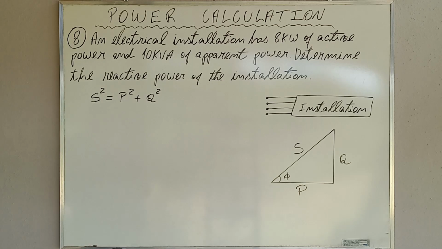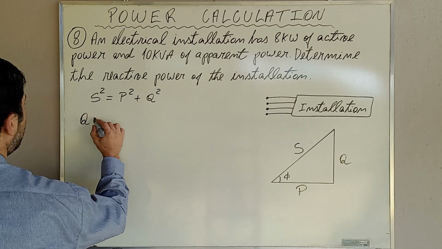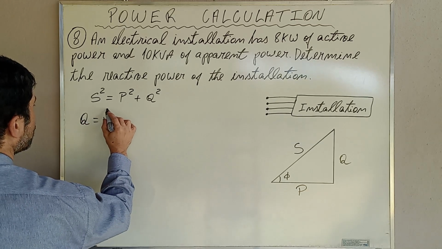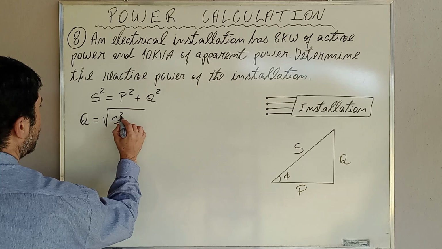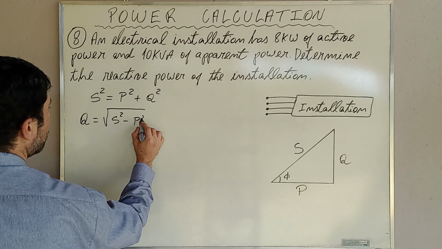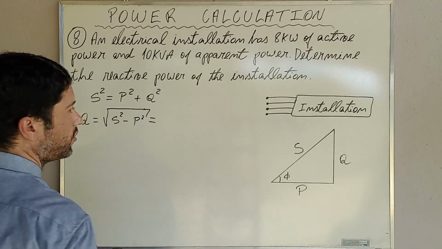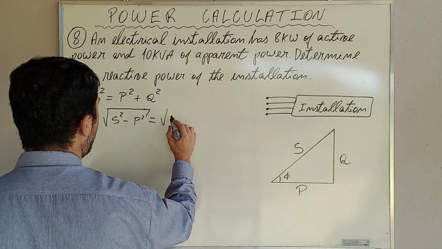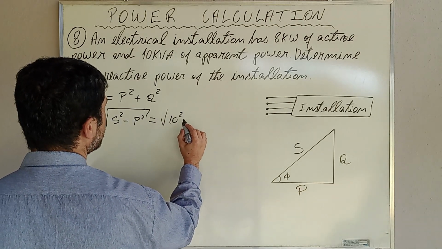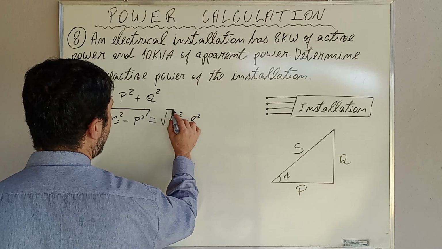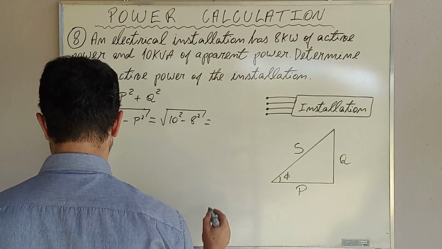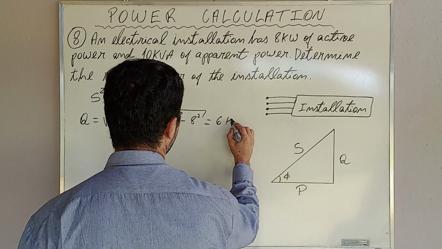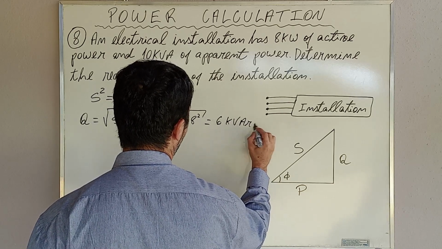Observe the power triangle. We can easily calculate the reactive power. Q is equal to the square root of S squared minus P squared. In this case, it is the square root of 10 squared minus 8 squared, and this is equal to 6 kVAr.